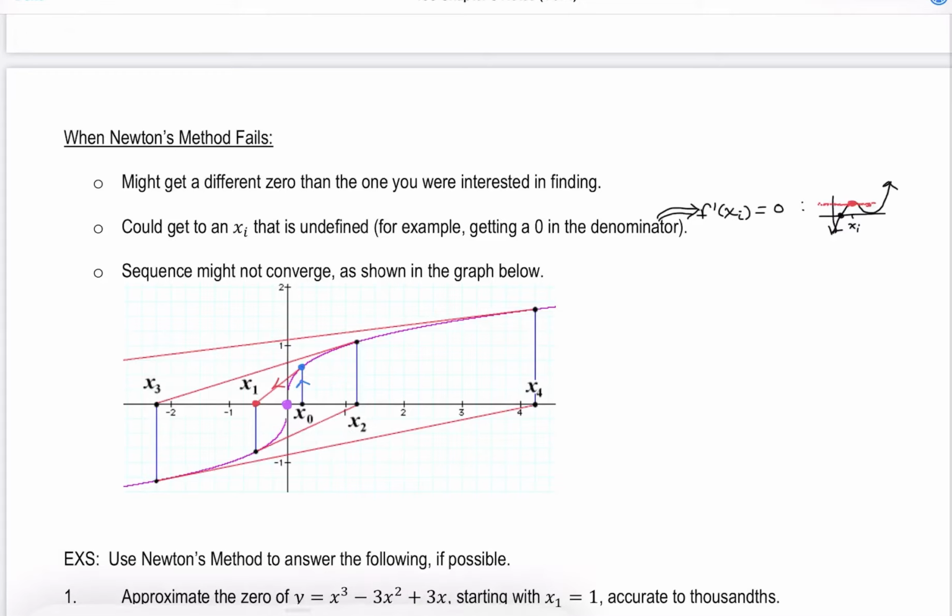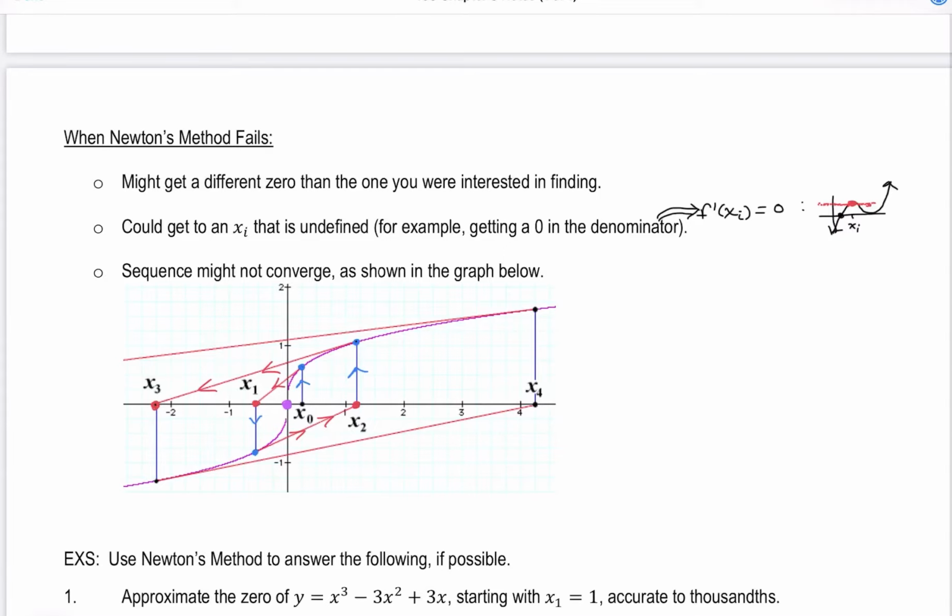Then I take that to the function, draw in that tangent line, and take it to its x-intercept. That's my next guess. And you should feel how if you take this value to the function, draw its tangent line, and take that down to its x-intercept, we are moving further and further away from the 0 that we're interested in. So that can happen too.